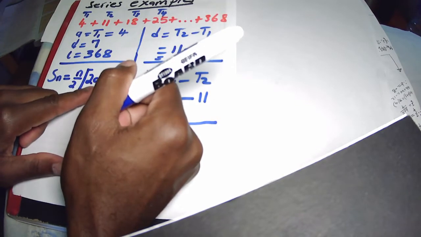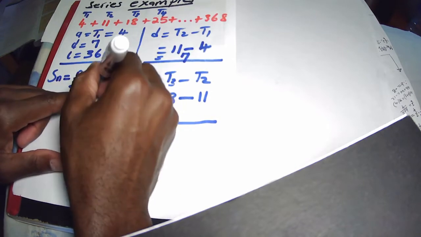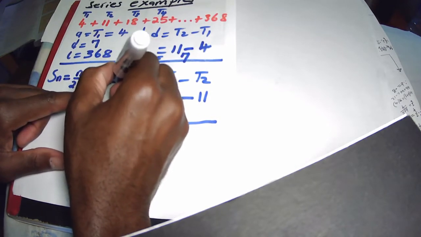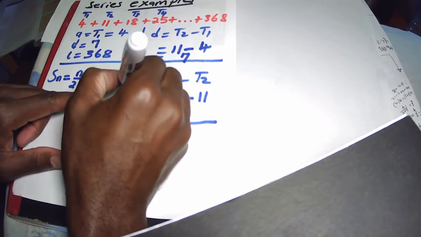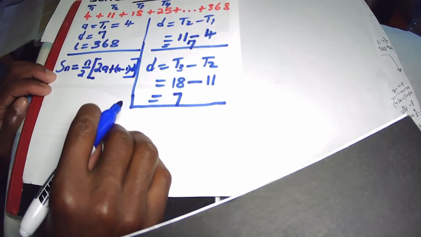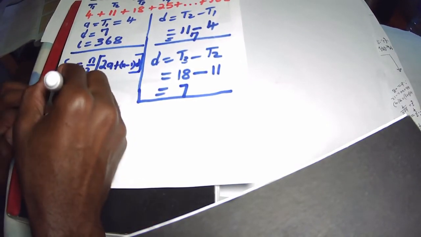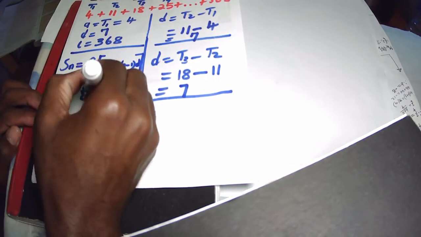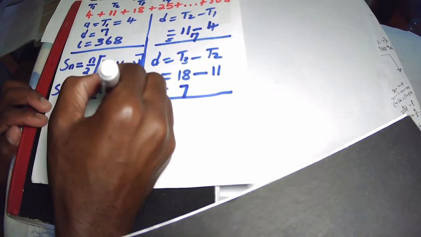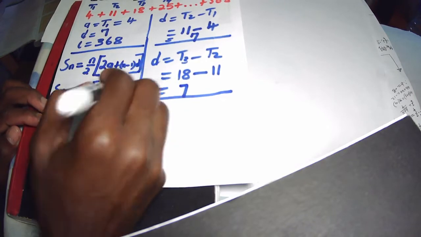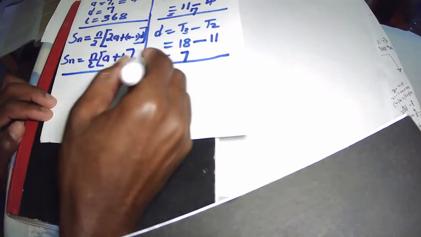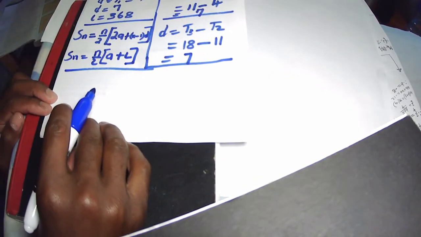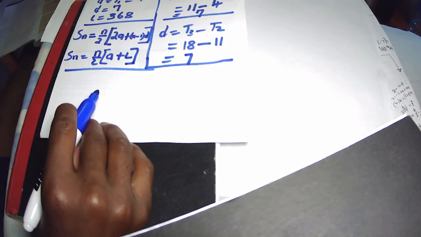That is supposed to be S_n equals n over 2 times (2a plus (n minus 1)d). The second one is S_n equals n divided by 2 times (a plus l). These are the two formulas for the sum of the arithmetic series.